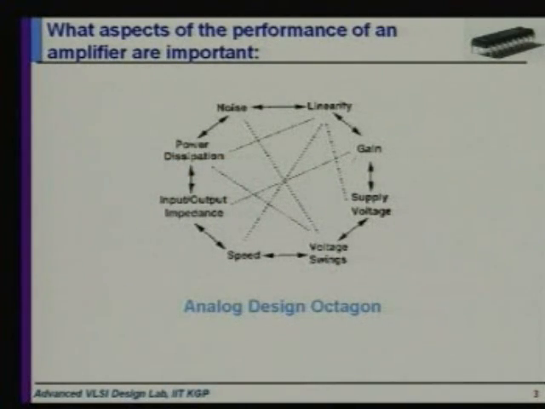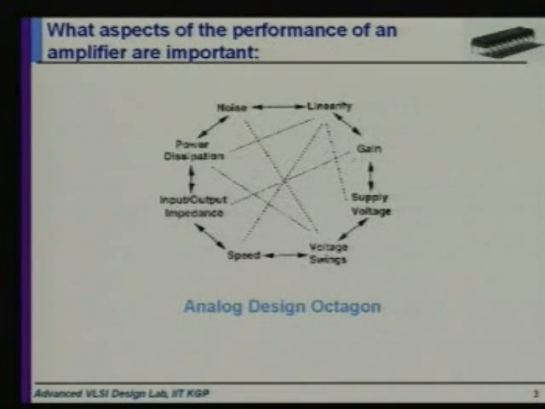Now there are different aspects of the performance of an amplifier design in analog design, and they are given by an octagon, shown in the slide. There are different trade-offs between any two performance parameters: it may be a trade-off between linearity and gain, between gain and the input and output impedances, or between the power dissipation and the voltage swings.